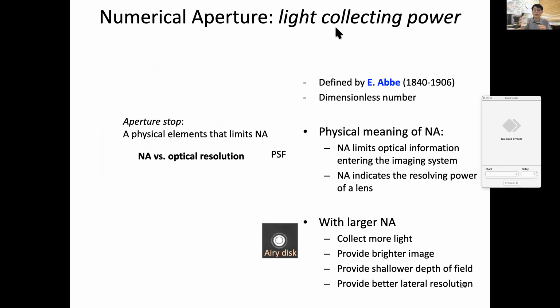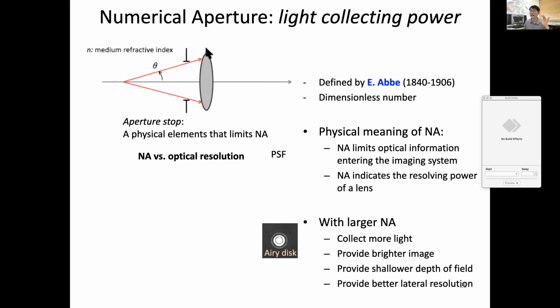You have a smartphone that has a tiny lens, and that tiny lens does not provide us high resolution. But remember, some professional photographers will have a huge lens and take a very sharp image. And where does that sharpness come from? Because this aperture is big. So that we call numerical aperture.